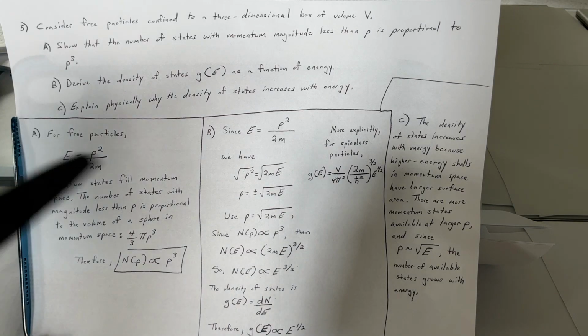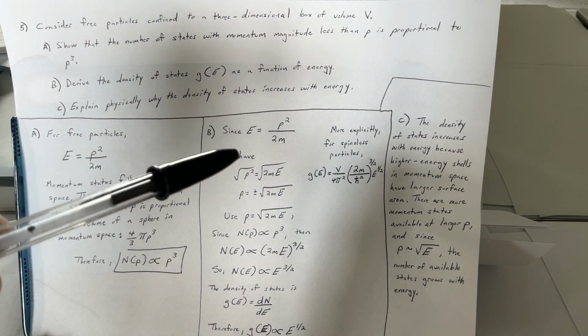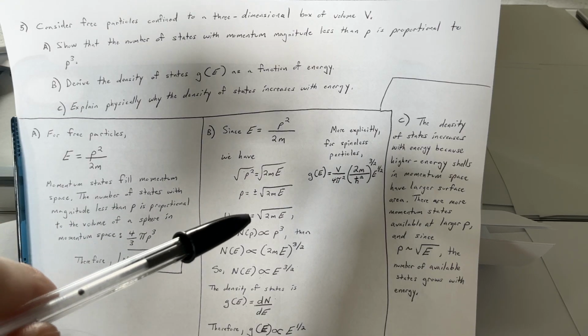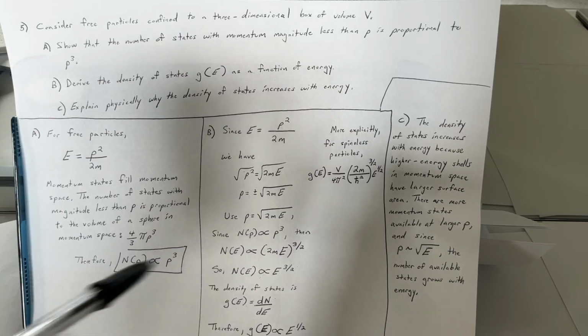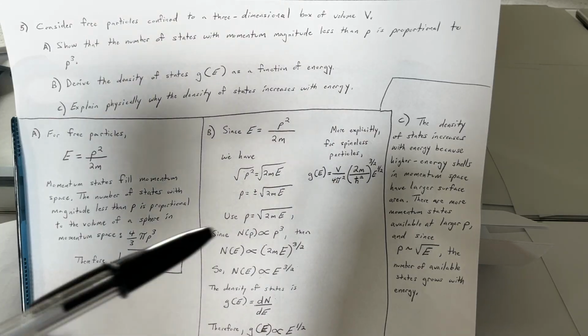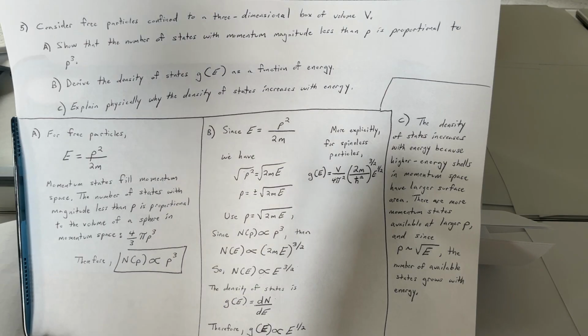So, since E is p squared over 2m, isolating p squared and taking the positive value, p is the square root of 2mE. N of p is proportional to p cubed, so N of E would be proportional to 2mE to the 3 halves.